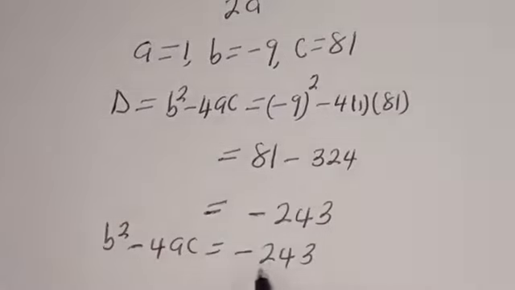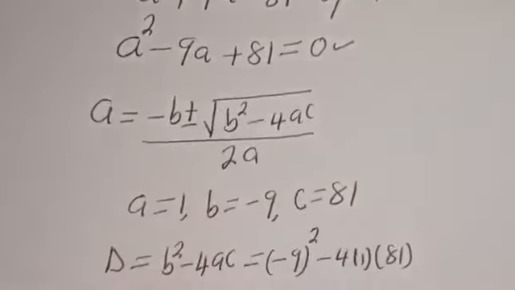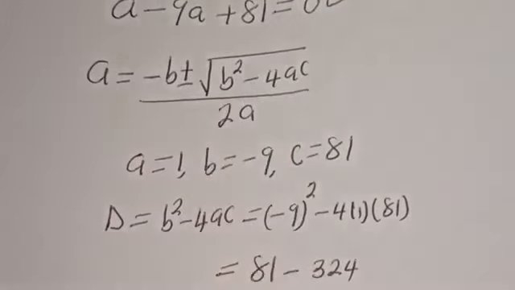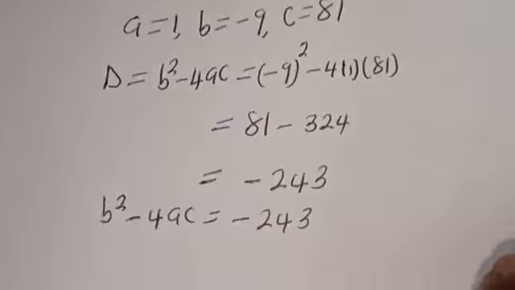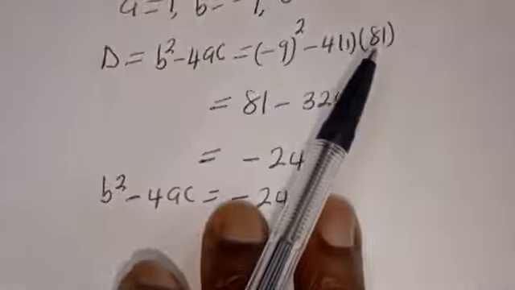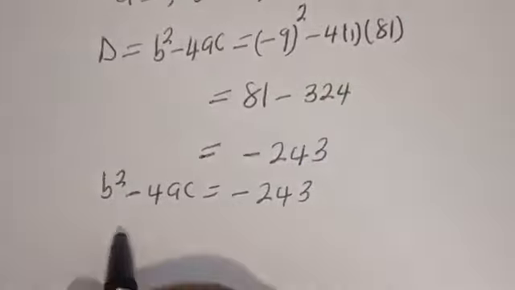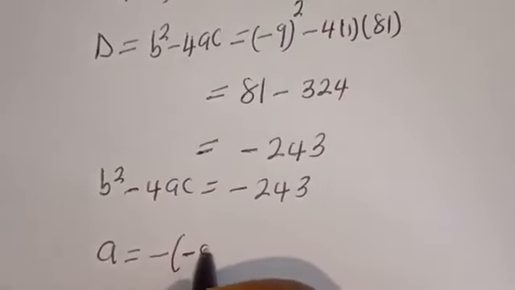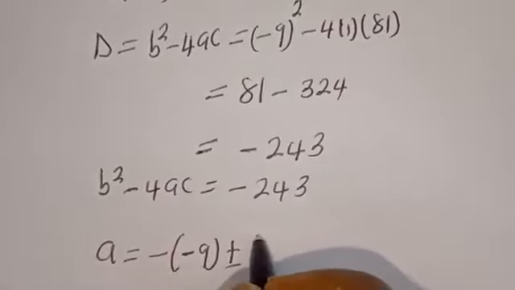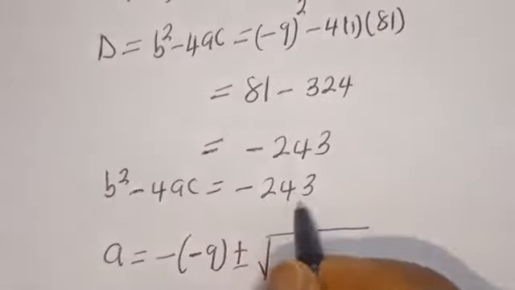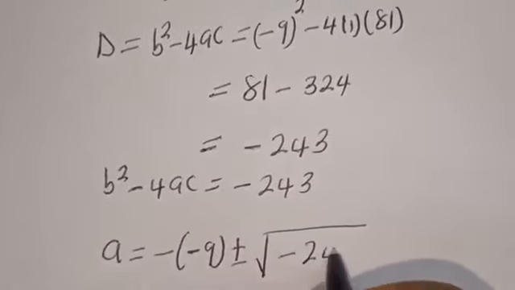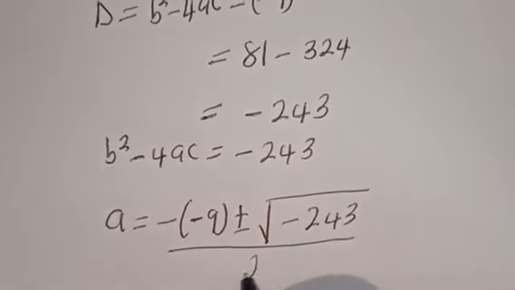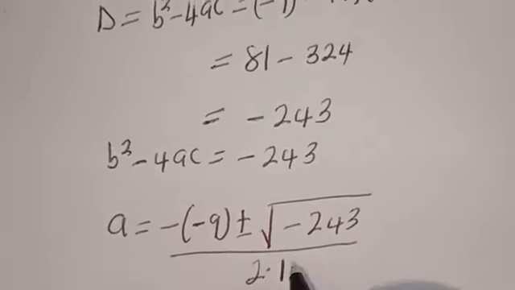So let's plug in into this formula. We have a is equal to minus bracket minus 9, plus or minus square root of the discriminant, minus 243, divided by 2 multiplied by 1.